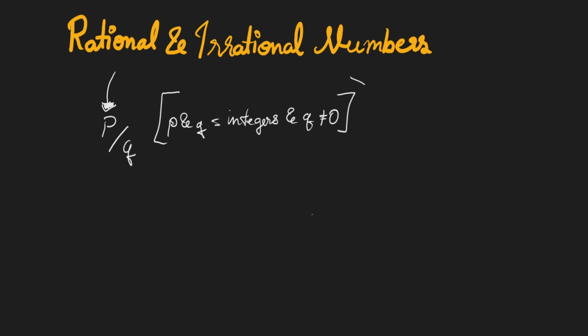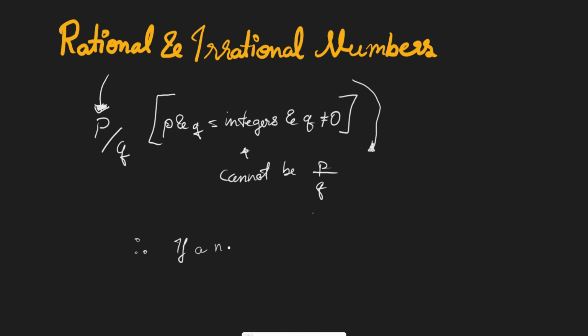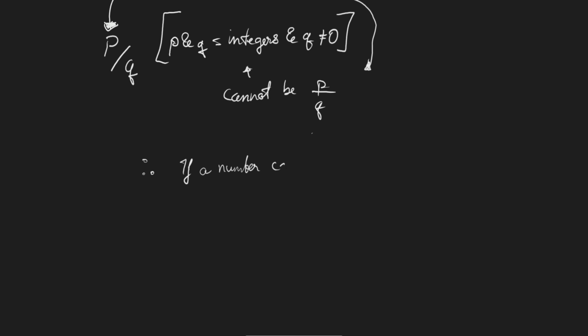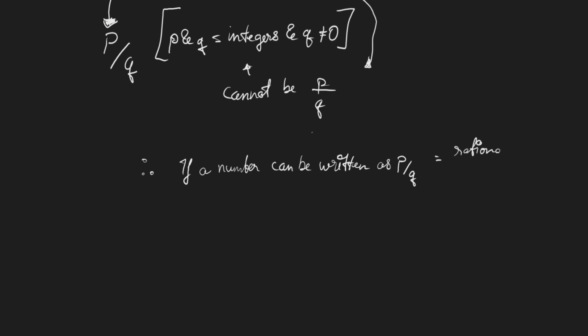So irrational numbers must be all numbers that cannot be written in the form of P by Q, of course with these conditions applied. So therefore we can conclude if a number can be written in P by Q form, it can be either rational or irrational.